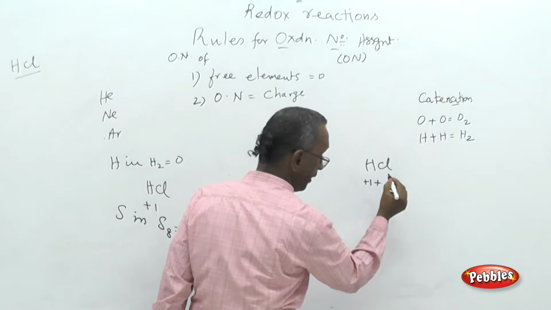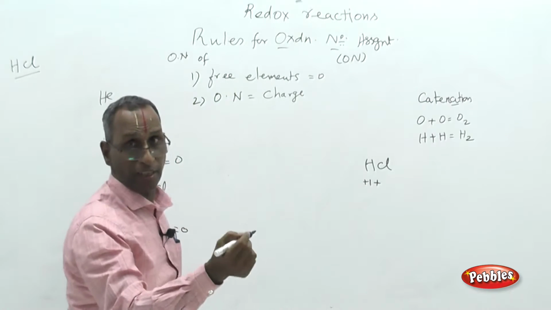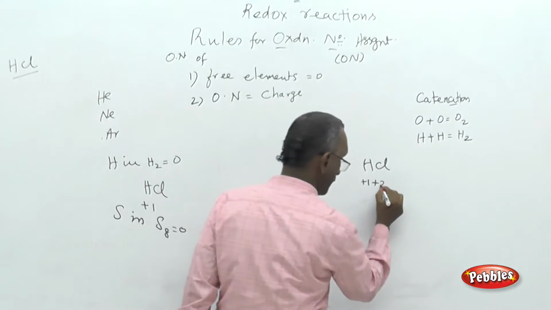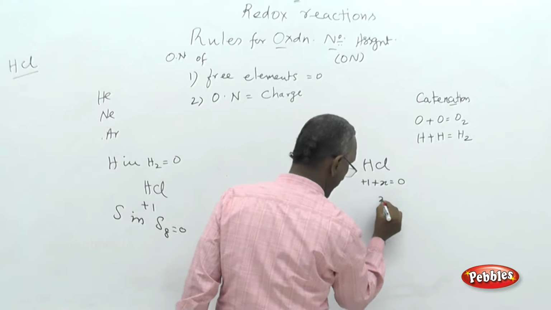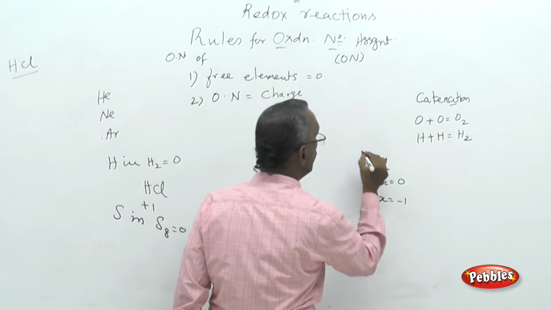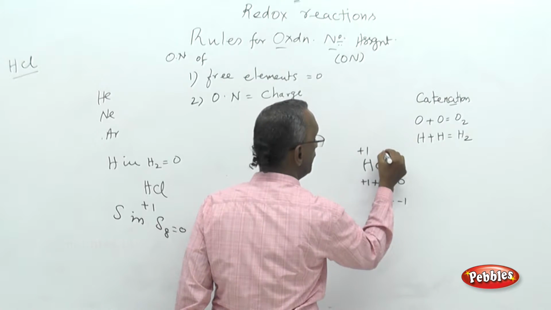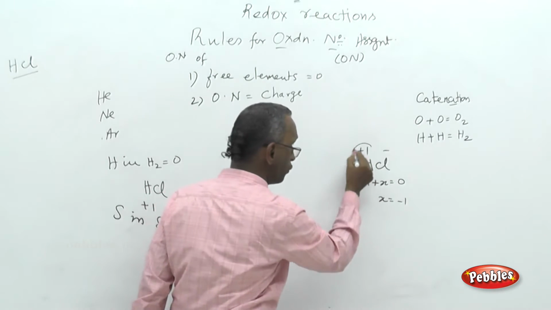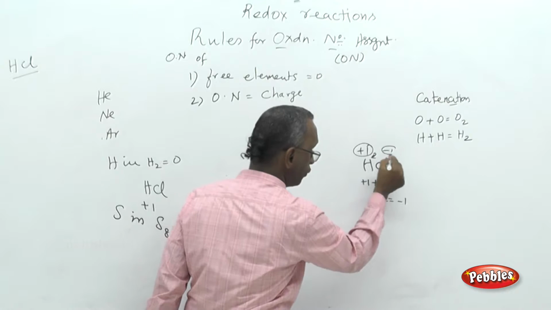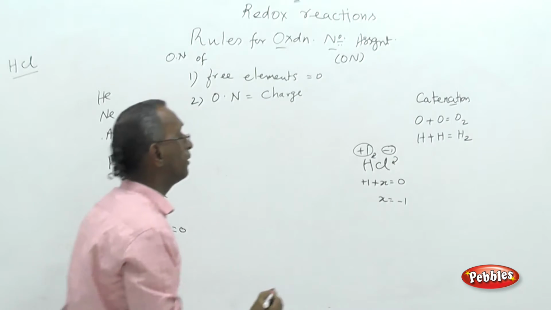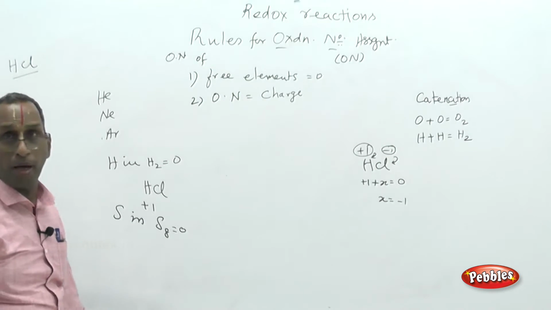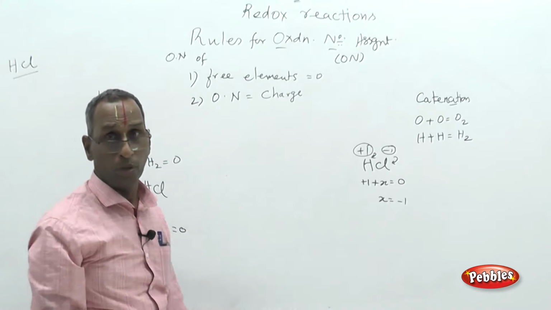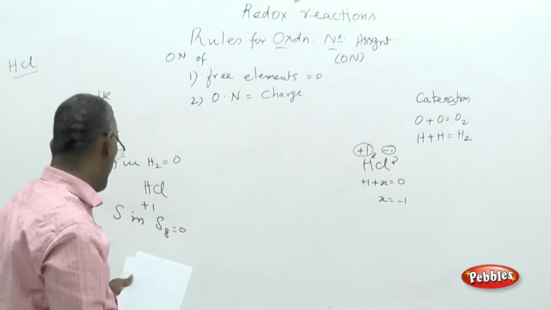Chlorine we don't know, but because of the suffix chloride, it is negative. So 1 plus x equal to 0, x equal to -1. So in H+ Cl-, +1 is the charge on hydrogen, -1 is the charge on chlorine. That is why oxidation number can also be viewed as the charge on the element.